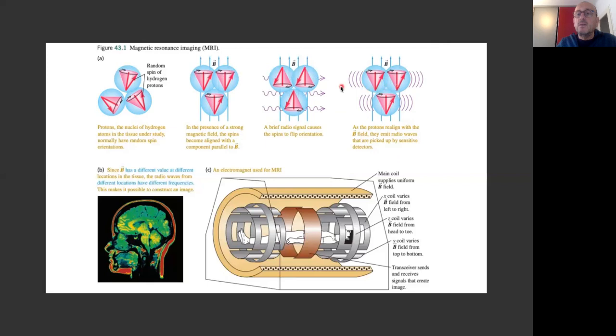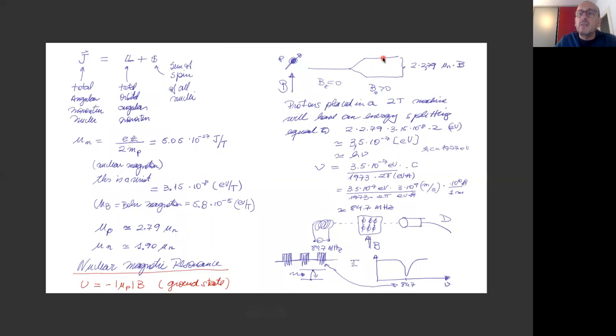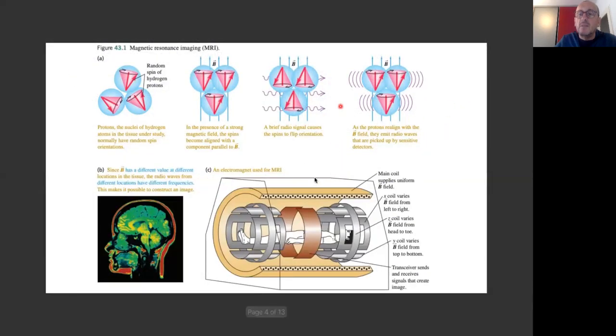Again, this is not the incident radiation that goes in, but now there's radiation coming out by the decay of the excited state. The excited state was here, and it comes down here. That's what happened with the system.